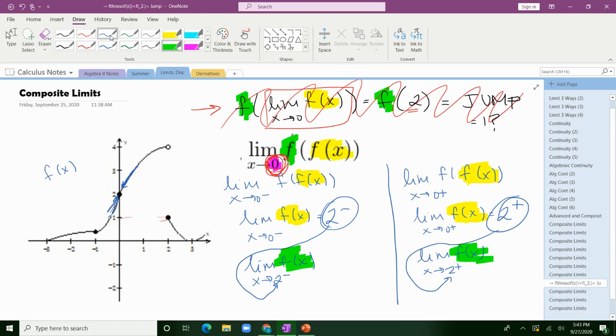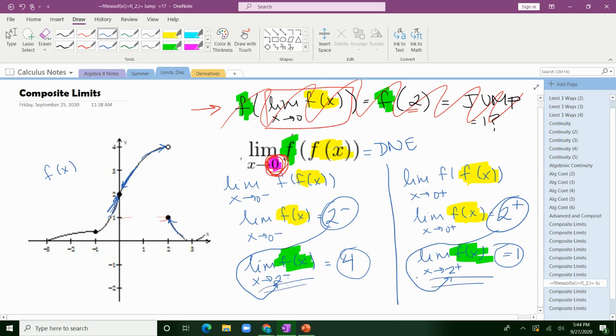So here's my outside function, which was green. As I approach 2 from the left of f, the limit's 4. As I approach 2 from the right, the limit was 1. Uh-oh, the left and the right-hand limits are not the same, so you can actually have a composite limit that doesn't exist if at the end you end up with 2 different one-sided limits and they're not the same.